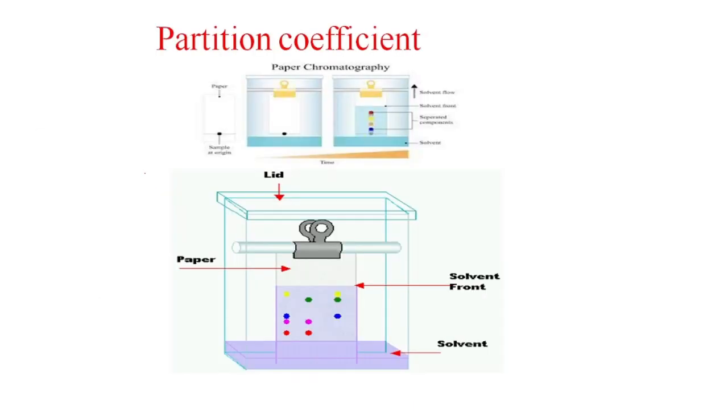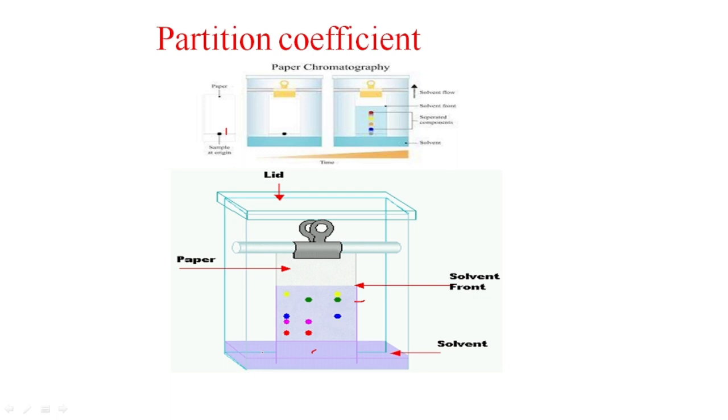So this is the chamber. Here we take the solvent, and this is the stationary phase, like paper. The solvent is immiscible with this paper. The compound is placed here.